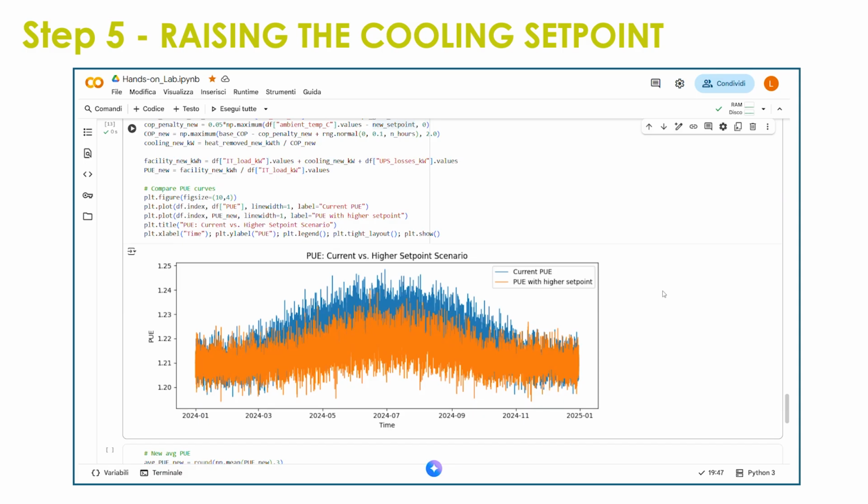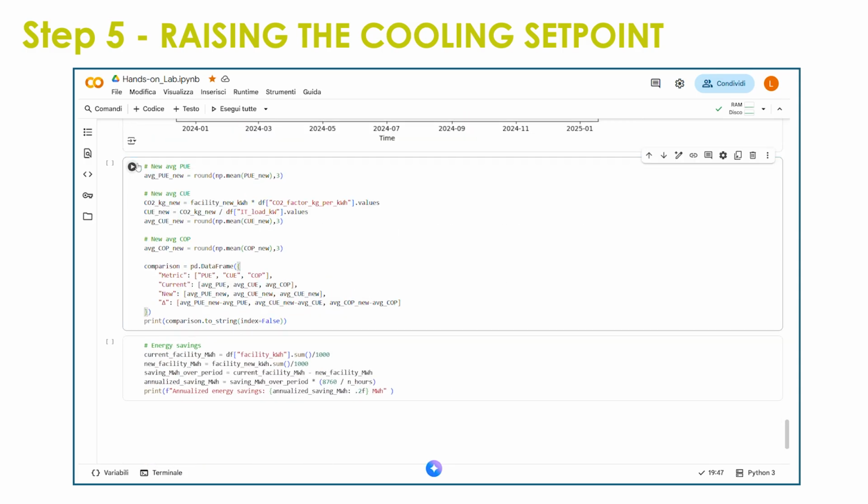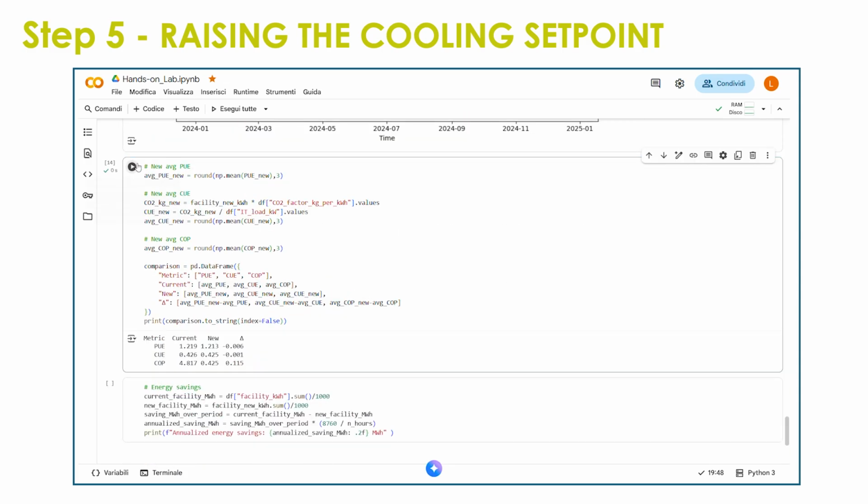Finally, for this case, we can recompute the metrics we have calculated before. We evaluate the average PUE, average CUE, and COP. We run the cell, and we also compare these results with the previous case.